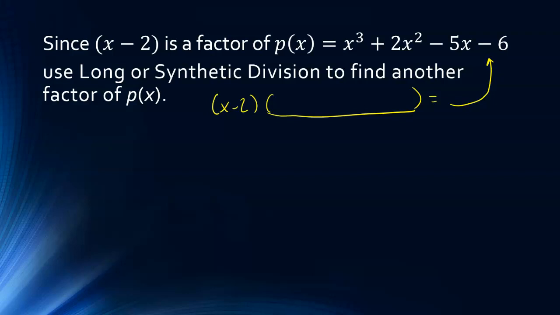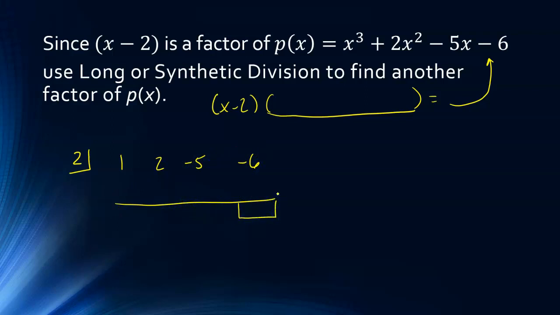So remember the 0 here is 2. When we look at the original polynomial, we have an x cubed, x squared, x, and a constant, so everything's represented and we don't need to fill a position with a 0. So we're going to start with the coefficients 1, 2, -5, and -6. Draw our line, enter the box.